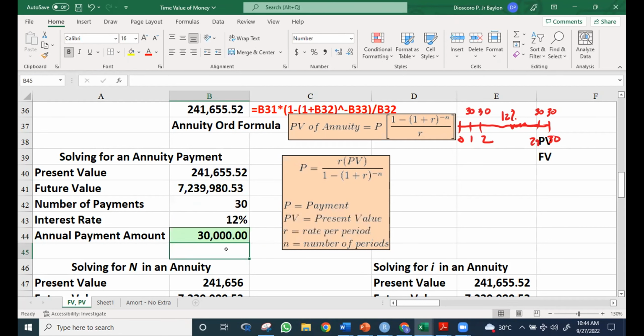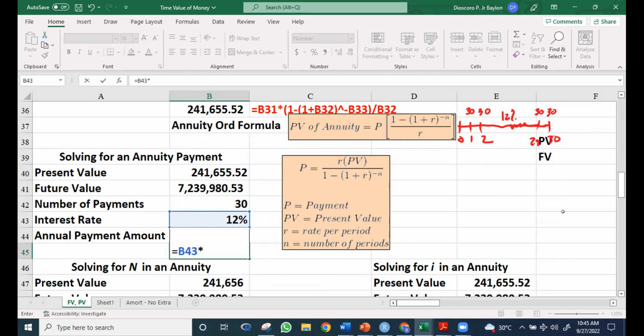Okay, and then lastly, how about the formula? We have time for this one. So the rate is 12% times the present value. Okay, and then we divide it by 1 minus quantity 1 plus your rate at 12%, and then we raise it, carry it to the negative n, and then close everything.